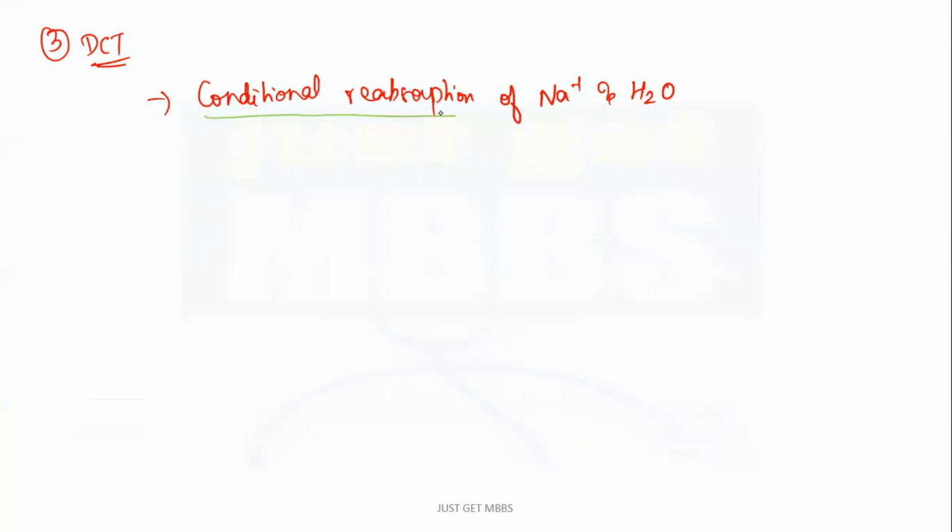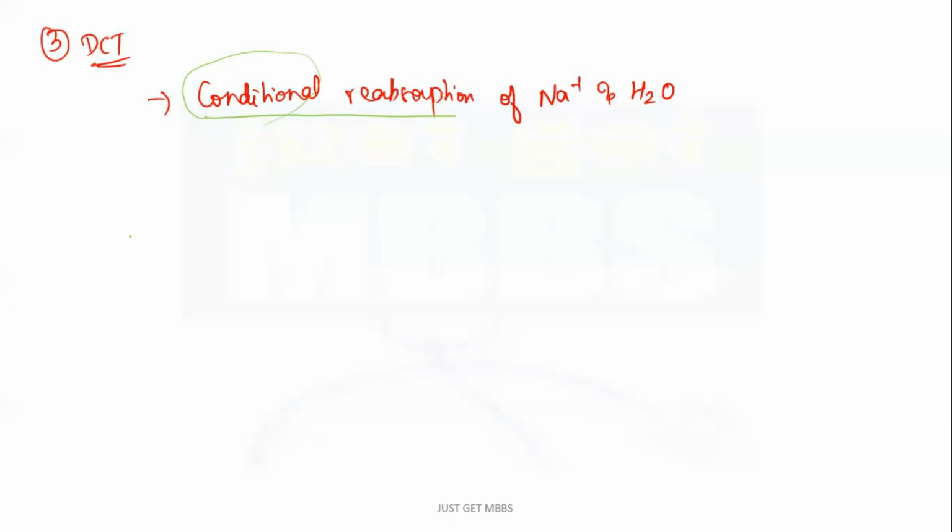All those hormones have specific receptors on the distal convoluted tubule. When I say conditional, meaning unless and until a situation occurs wherein something has to be done immediately, then this DCT is going to take over the function. So that is the meaning of conditional reabsorption here. So there is conditional reabsorption of sodium and water happening at the distal convoluted tubule, right?